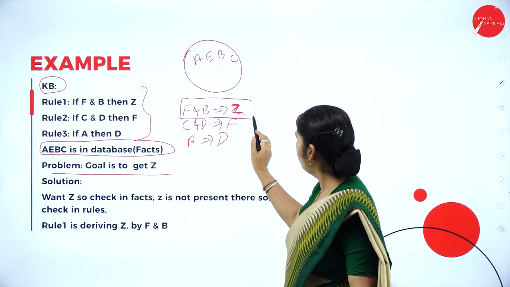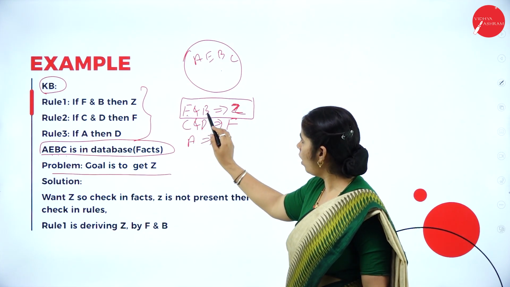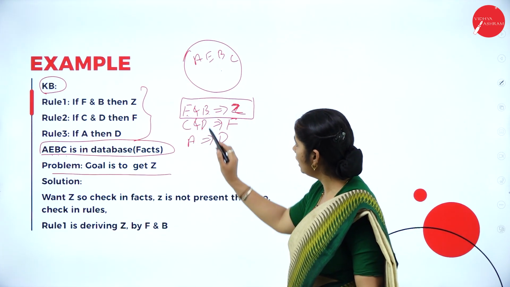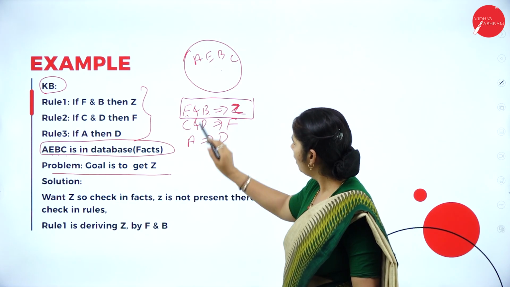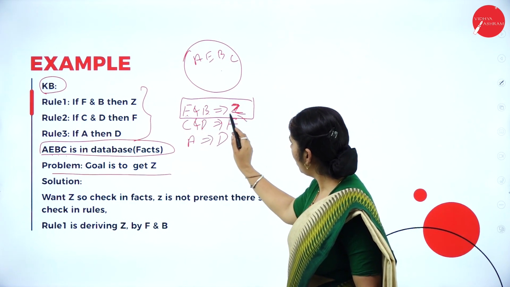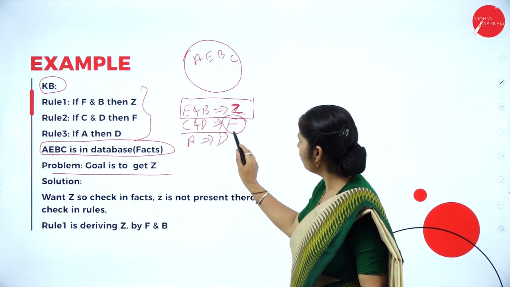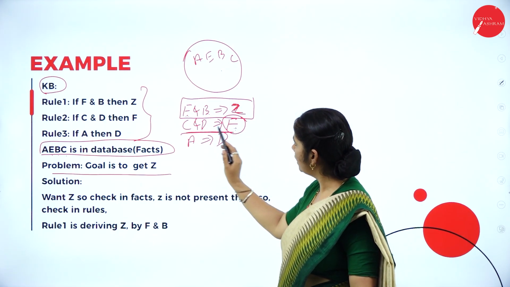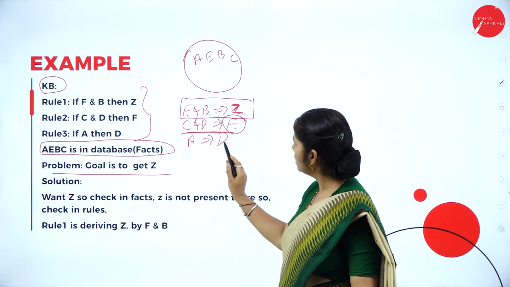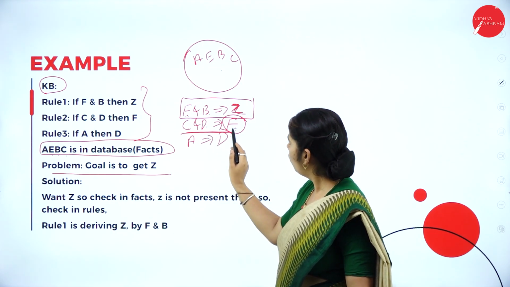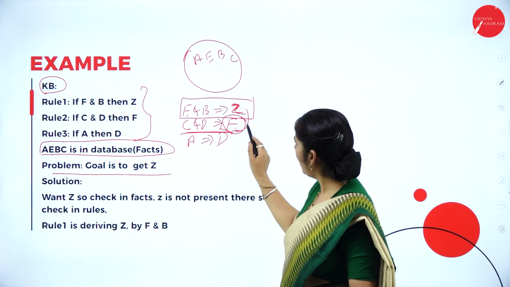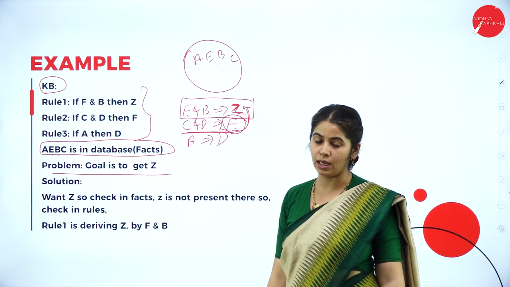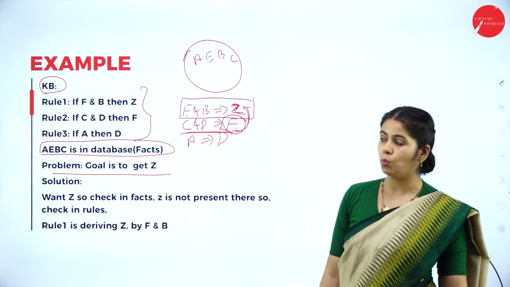I need either F or B. I get F in rule number 2, from C and D. Once I reach C and D, I get F, and then I can get Z easily. So that is backward chaining.